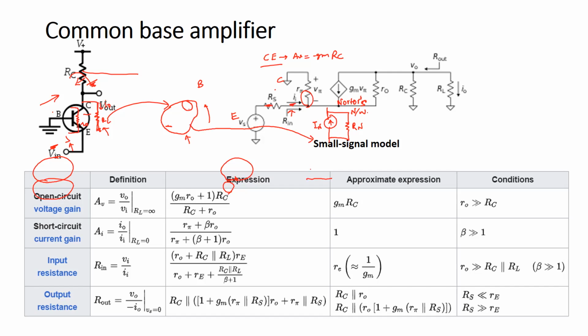It acts as a Norton's current source where IN and across it is its resistance, right? So what you see here as Iin is your input current and IO is the output current, and the gain of it is 1, provided the transistor beta is much greater than 1. And then we said that input impedance of this common base is 1 over GM, and the output impedance and all that. So we've seen that, right?